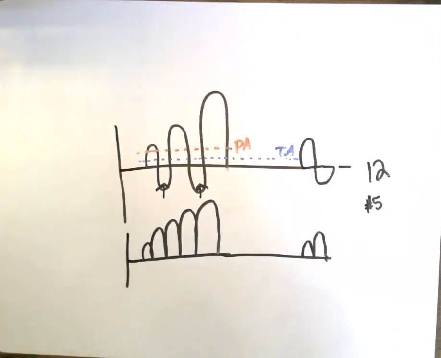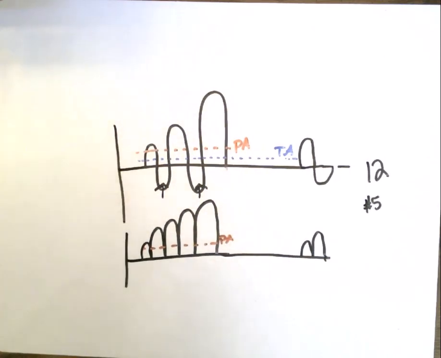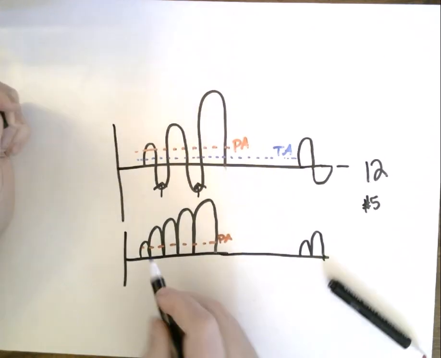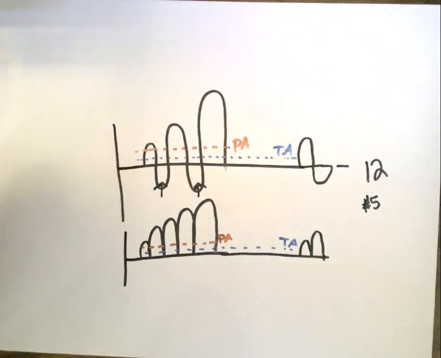So now we are still looking at pulse average, and then we are looking at our temporal average. The big difference between these two is the fact that one has all the on time and one has the on time and the off time.